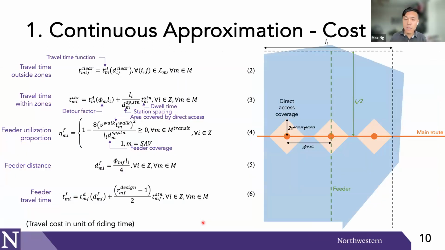And with the clusters, we can compute the cost in each zone based on continuous approximation. I wouldn't go too deep into details here, but basically we are assuming a uniform distribution of demand in each zone.